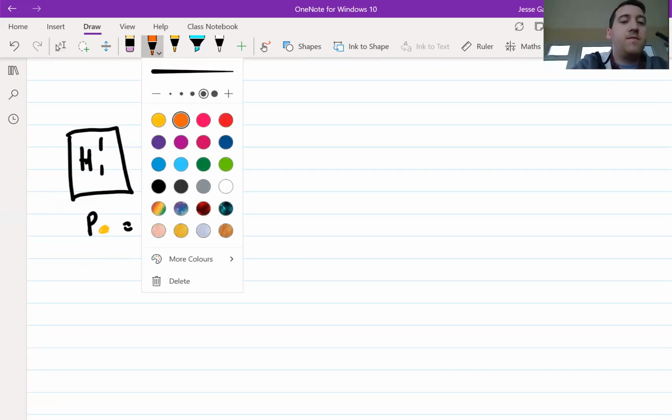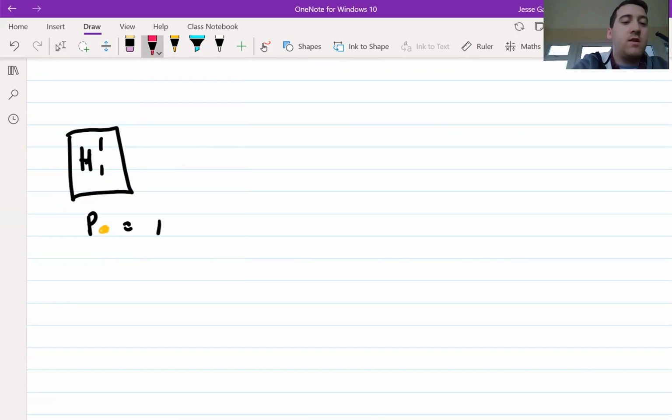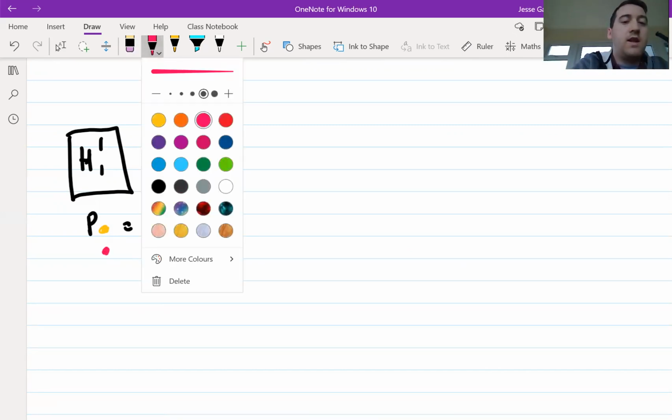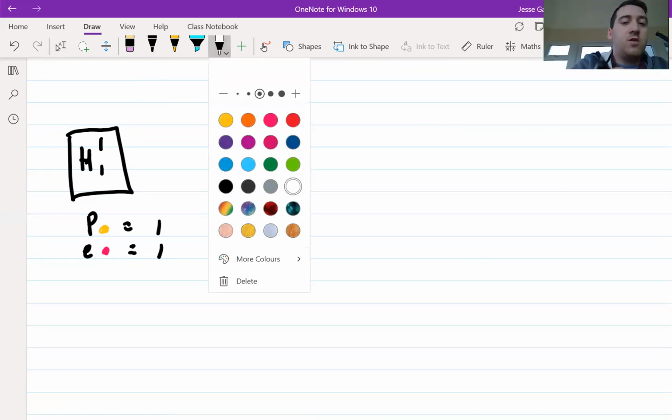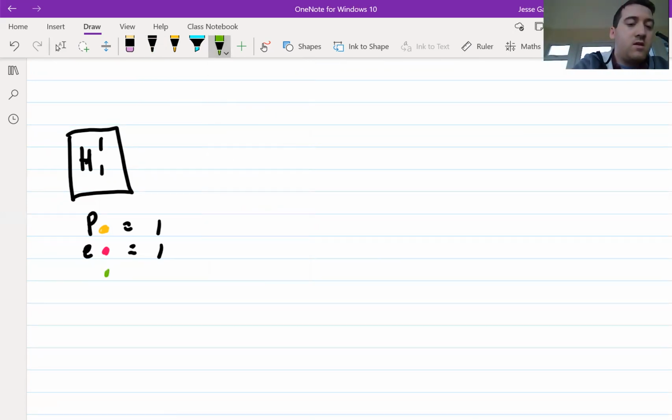In an atom, if there is 1 proton, that means there is 1 electron, because we know that atoms have to be neutral. The neutrons, shown in green: to get the neutrons, we take the mass number minus the atomic number. So in this case, it'd be 1 minus 1 equals 0. So no neutrons.